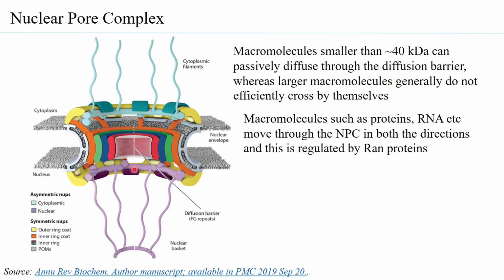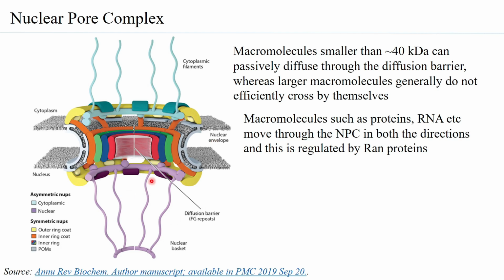Which means that the nucleoporin definitely allows a lot of proteins to enter or exit the nucleus, and it will also allow RNA etc. to come in and out of the nucleus. But all these movements are regulated movements.